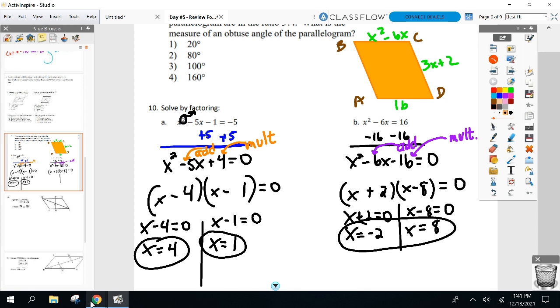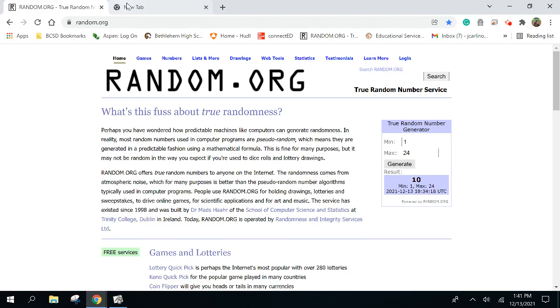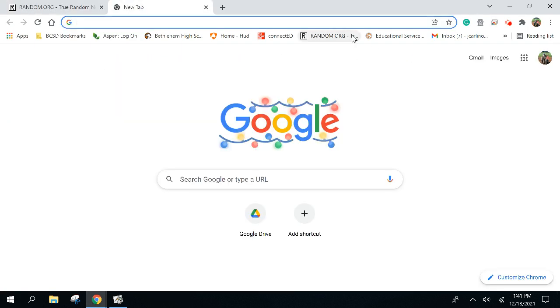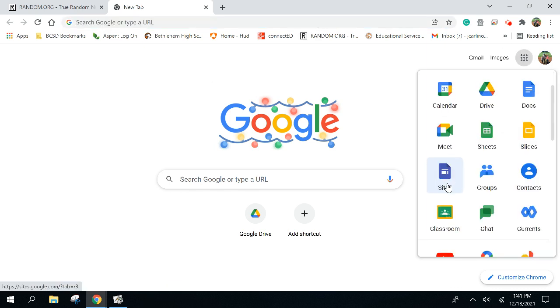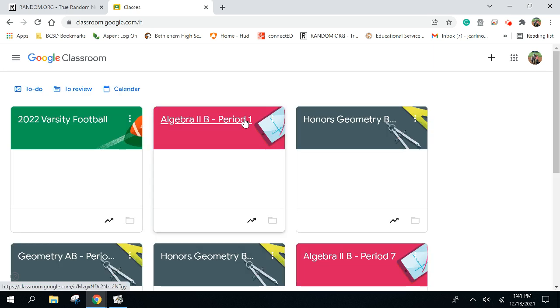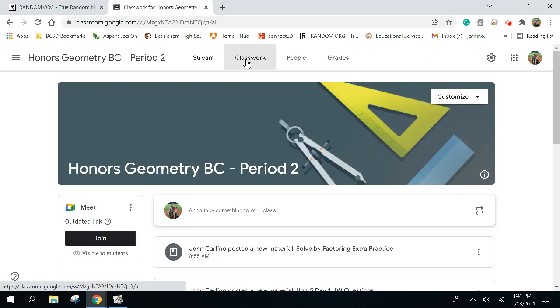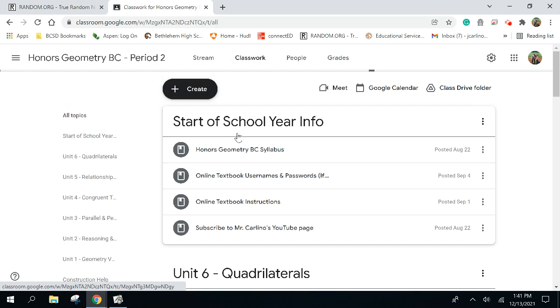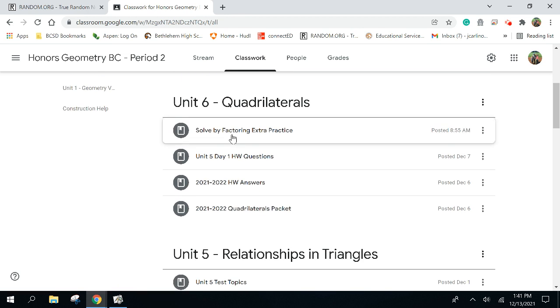Hey, take a look. We just did those two examples, and I know most of you honors level students want a little something extra to do on your own. Like always, I have you covered. Solve by factoring, extra practice.